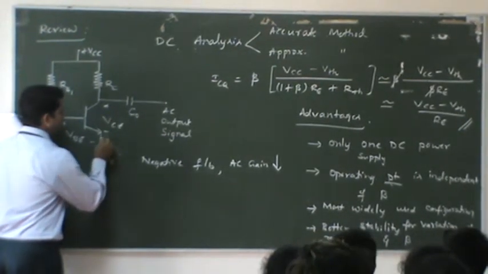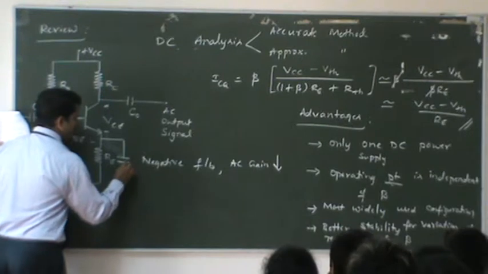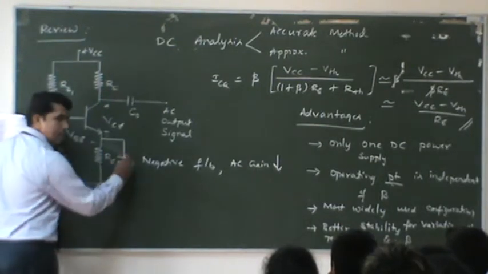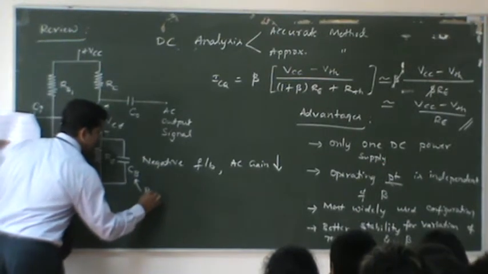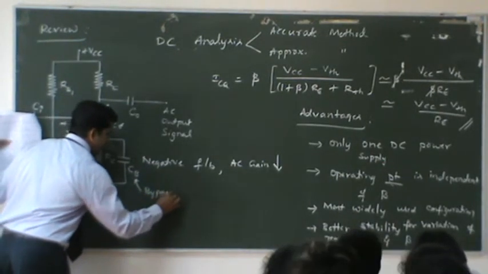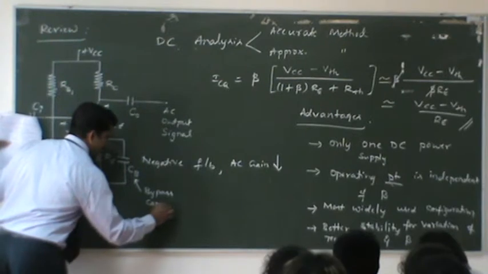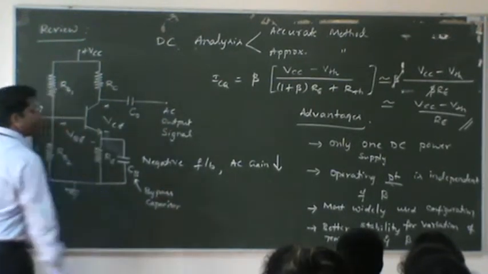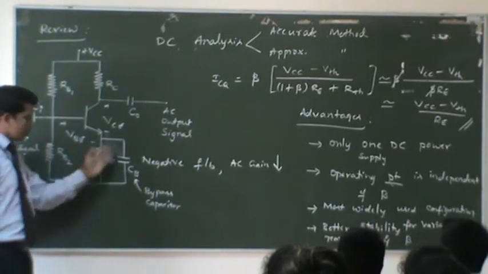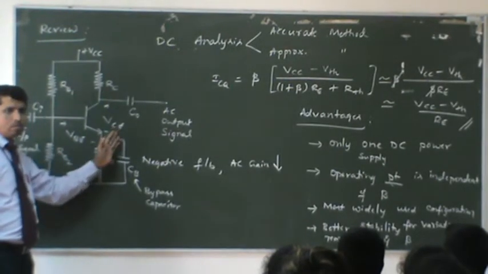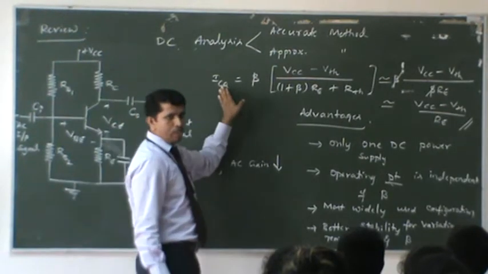To overcome the reduction of AC gain, we just add a capacitor here. This is called a bypass capacitor. Adding a capacitor, do you think the DC analysis will change here? Do these equations, ICQ and VCQ, change?